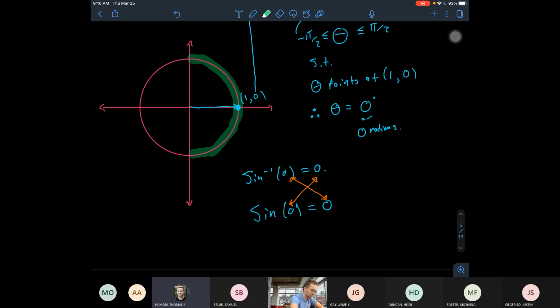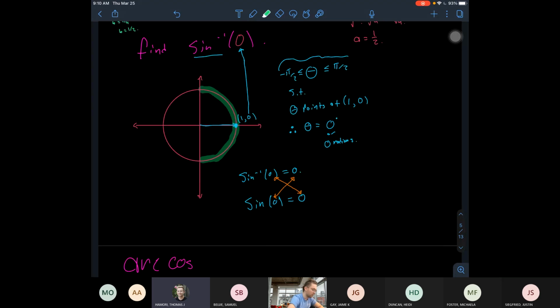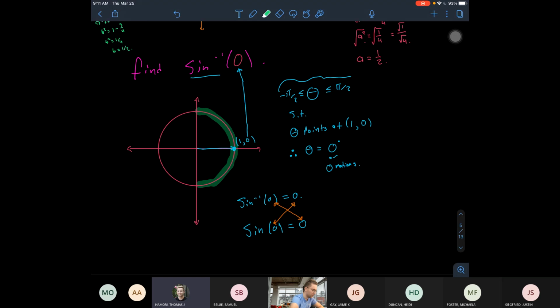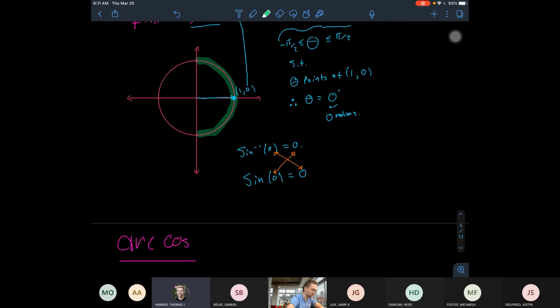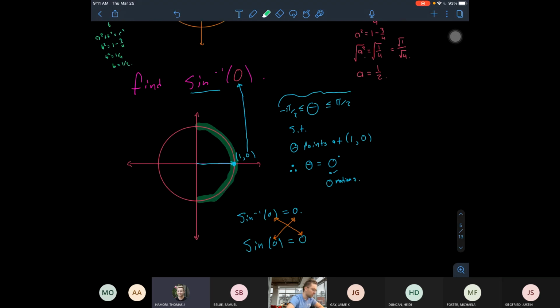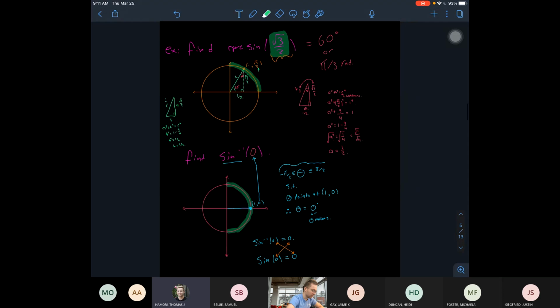These questions are sort of the opposite of one another if you think about it. All right. So that's another sine inverse example. Any questions about these two examples that we did?